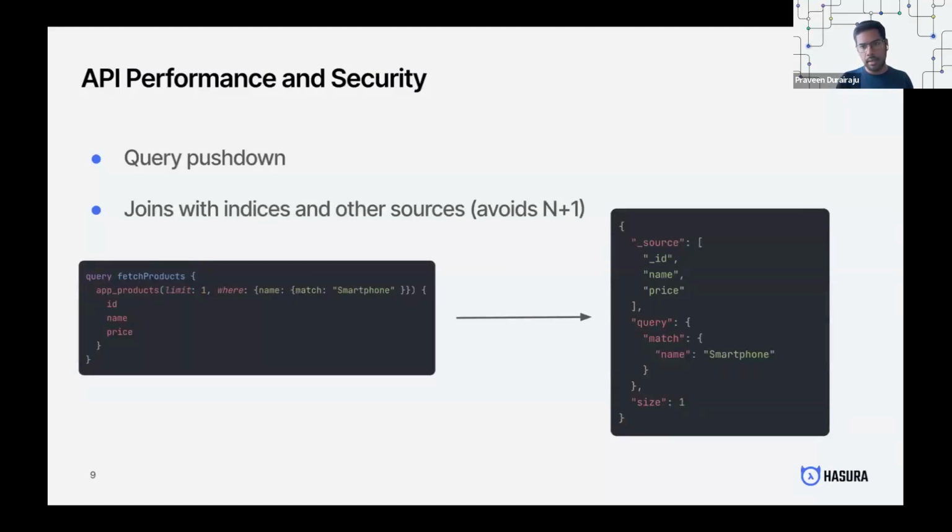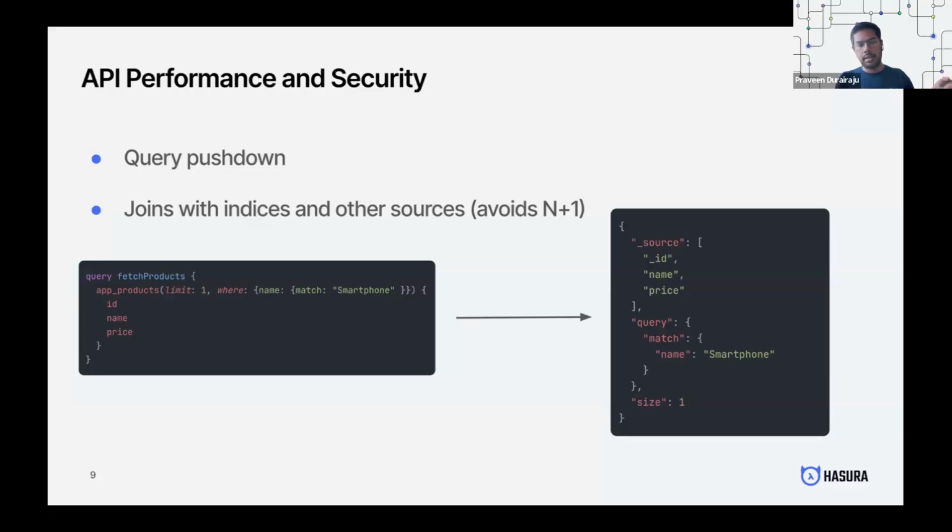With Elasticsearch, obviously, you query one index at a time. For example, you have a GraphQL query which fetches products data. You probably set up a limit, a where clause, an offset, and probably even an order by.